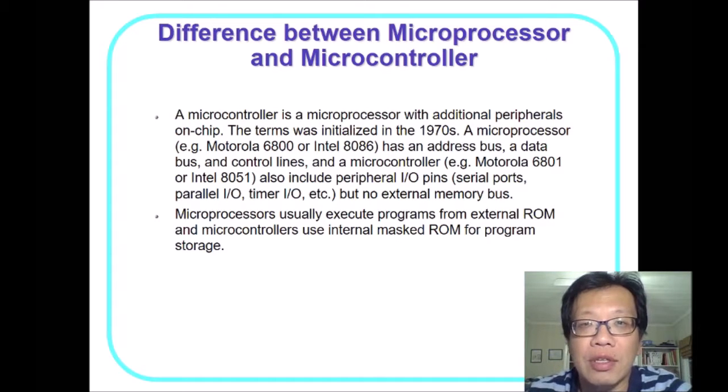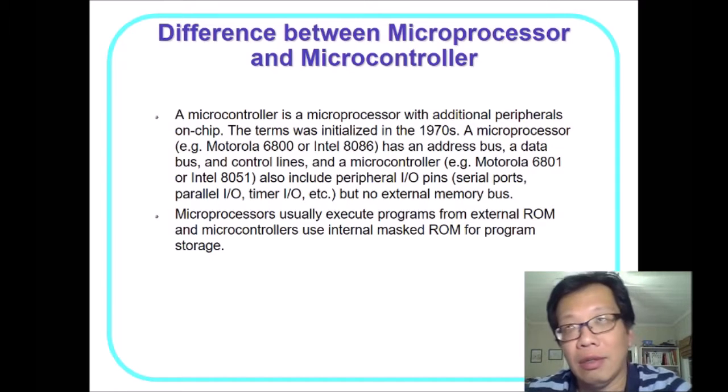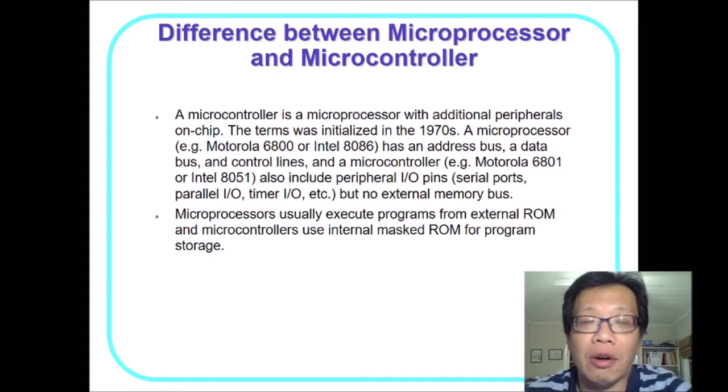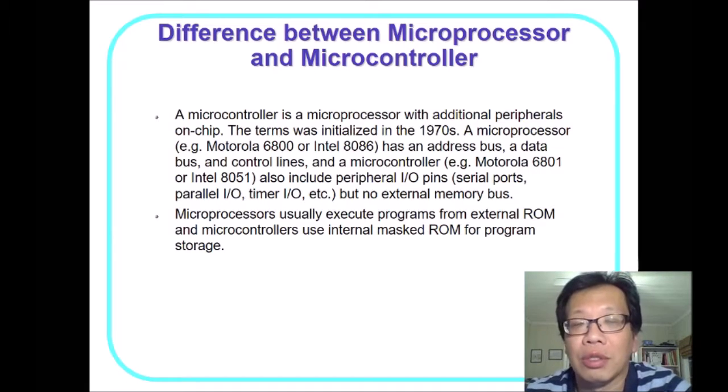And what is the difference between the microprocessor and the microcontroller? They are similar but not identical. A microprocessor is actually a bigger name for microcontrollers. A microcontroller is a microprocessor with additional functions in the chip. For instance, if we are dealing with a microprocessor, normally we're talking about digital input and output.